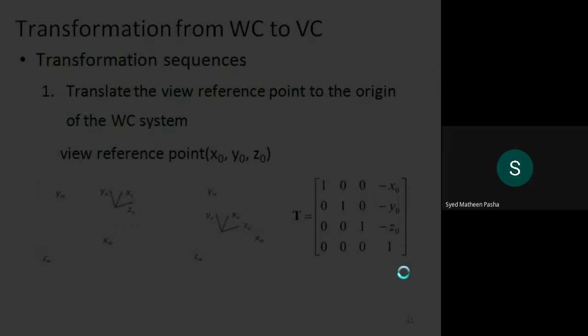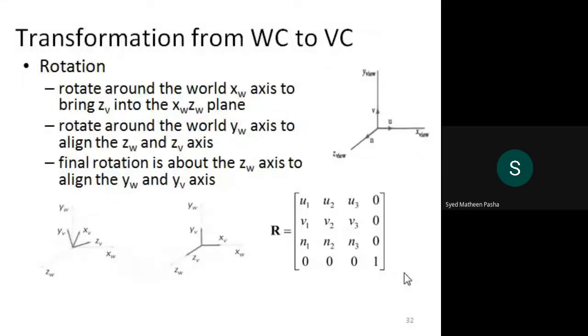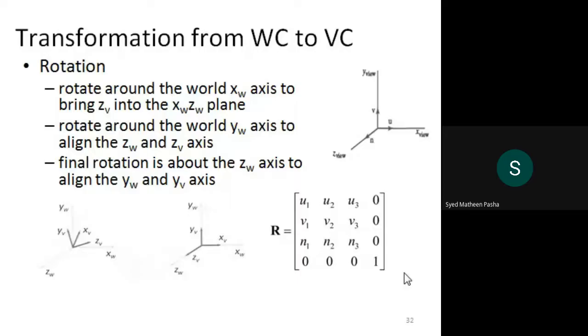There's the second step, from world coordinates to viewing coordinates, where some angle of rotation should be applied. There are three different steps in the rotation as well. In the first step, you rotate the object around the world coordinate x-axis to bring zv, that is the viewing coordinate axis, into the xz plane.